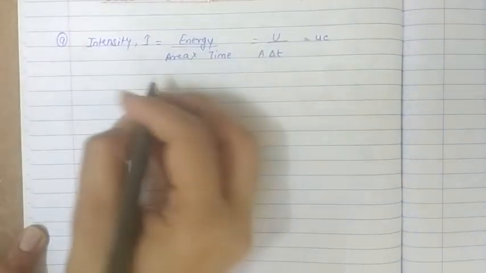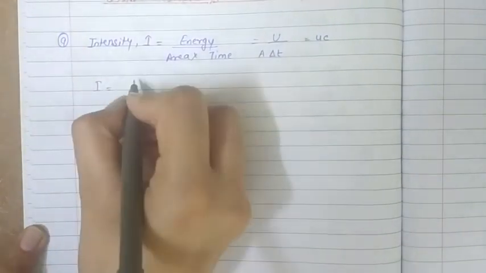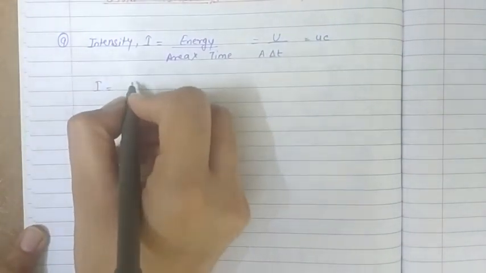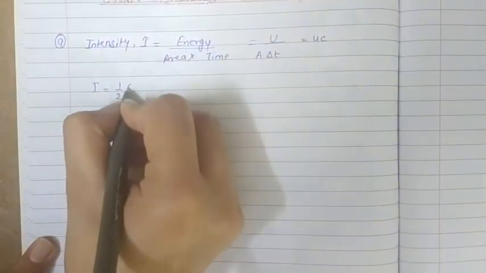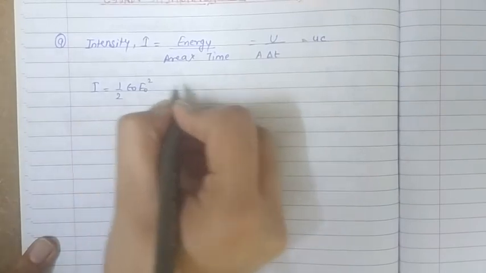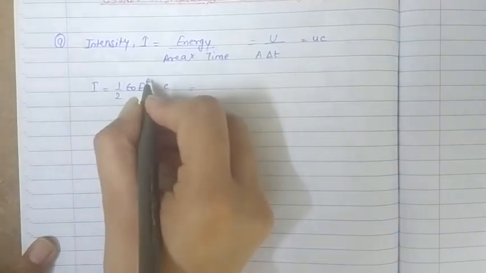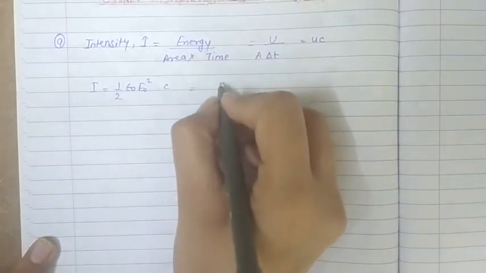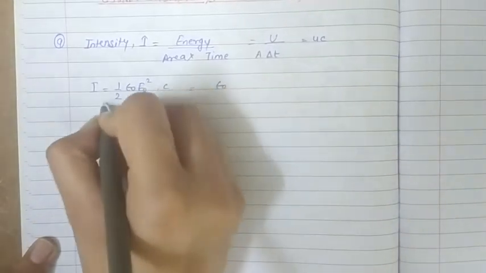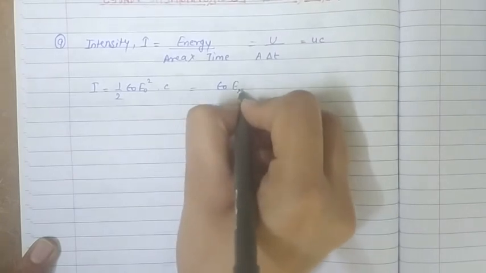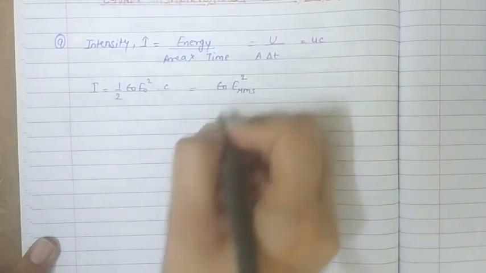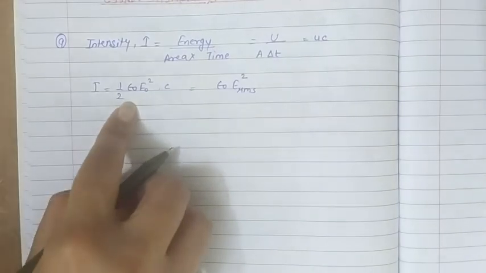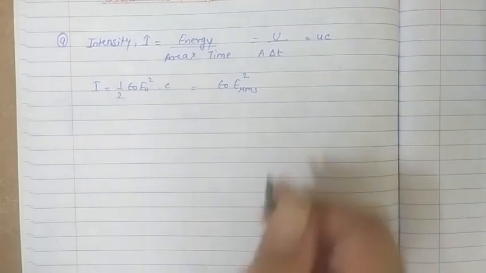By substituting the values we get this intensity is equal to half epsilon naught E naught square into c, and E naught square upon 2 is the E RMS square, because E RMS is equal to E naught upon under root 2.